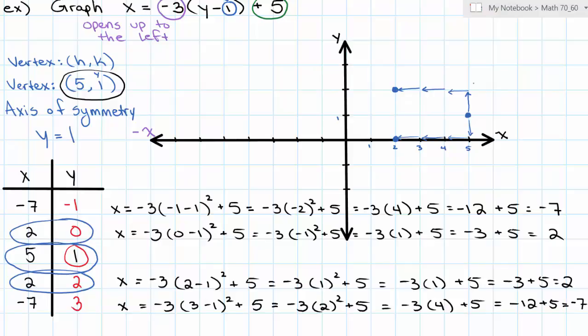Okay, for the next point, the pattern with the basic graph, it went up 2 and it went over 4. Instead of 4, we got to go 4 times 3, so that'll be 12.